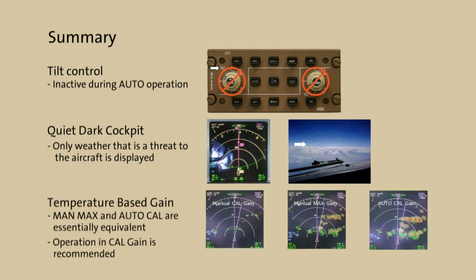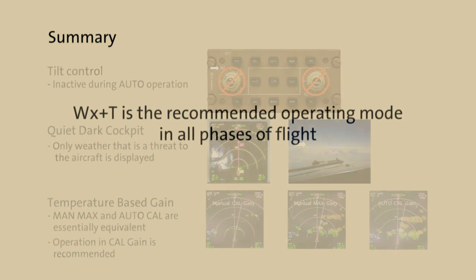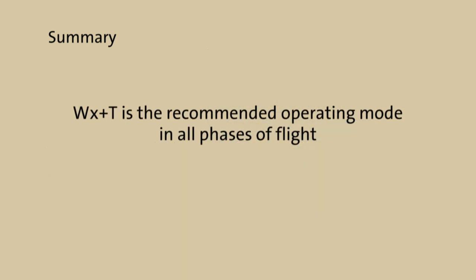Third, automatic temperature-based gain increases the gain as the aircraft climbs into colder regions, resulting in a picture that is very similar to manual max gain at cruise altitude. Operation in CAL gain while in auto is recommended. Finally, the recommended operating mode is weather plus threat during all phases of flight.